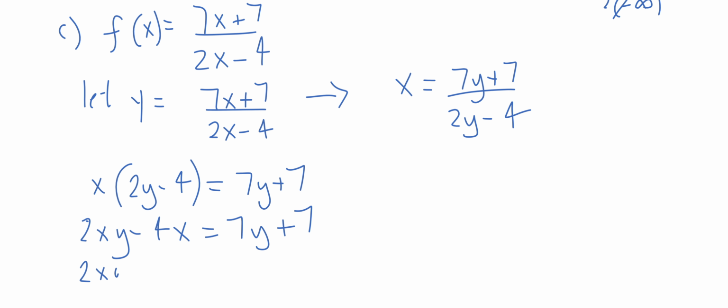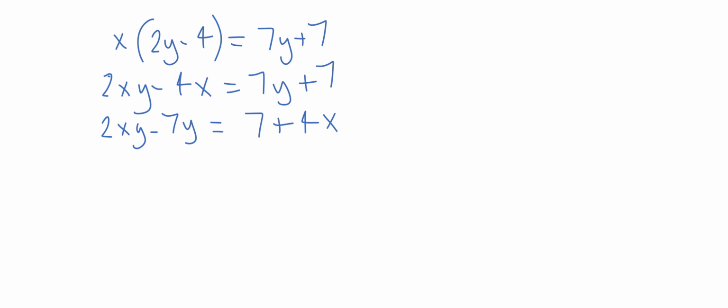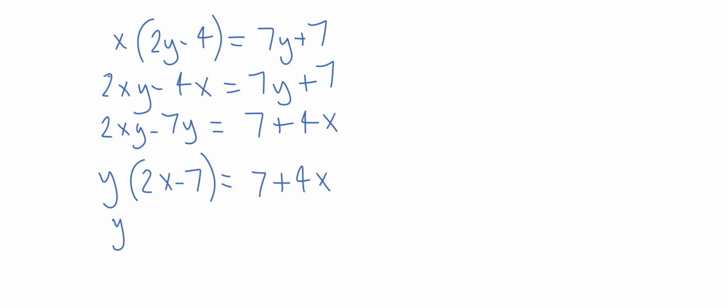So 2xy minus 7y equals 7 plus 4x. Factorize the left-hand side by taking out y as a common factor. So y bracket 2x minus 7 equals 7 plus 4x. Finally, divide by 2x minus 7. So y is 7 plus 4x over 2x minus 7.